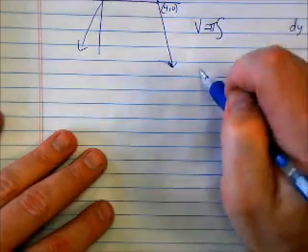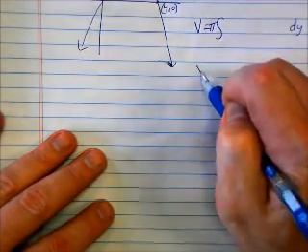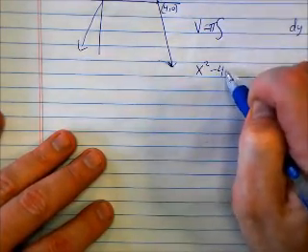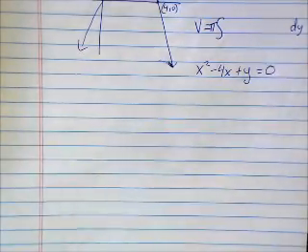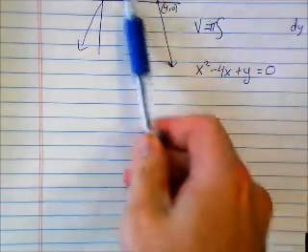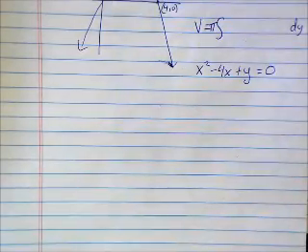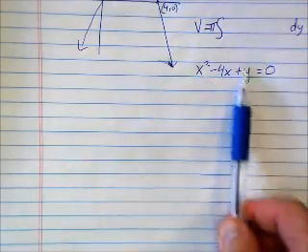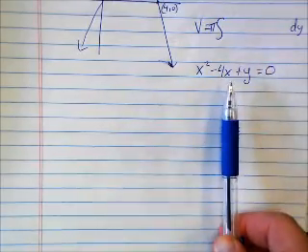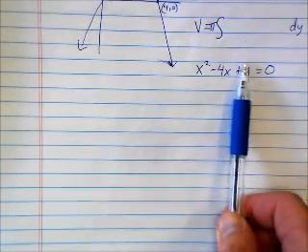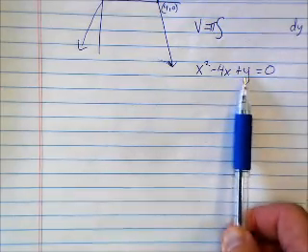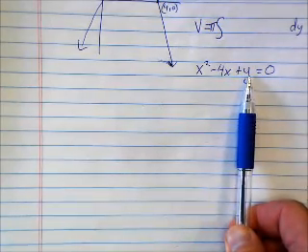What I'm going to do is rewrite this as x squared minus 4x plus y equals 0. So all I did is add the x squared and subtract the 4x. If I want to get x all by itself, I can use the quadratic formula, except instead of c being a number, I'm going to use the letter y.